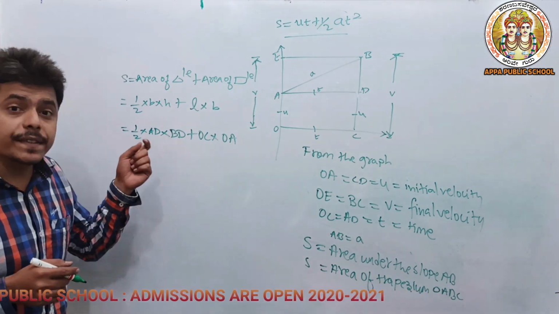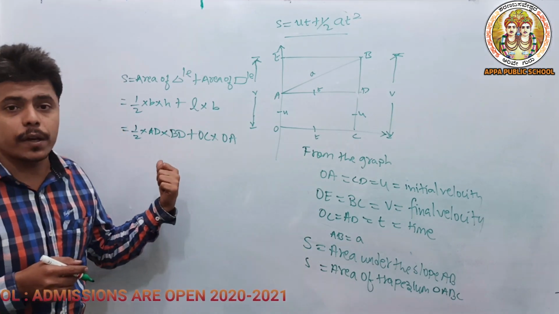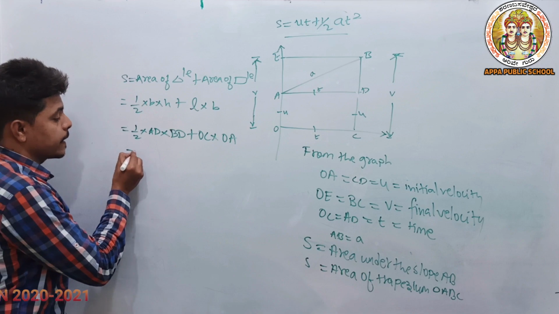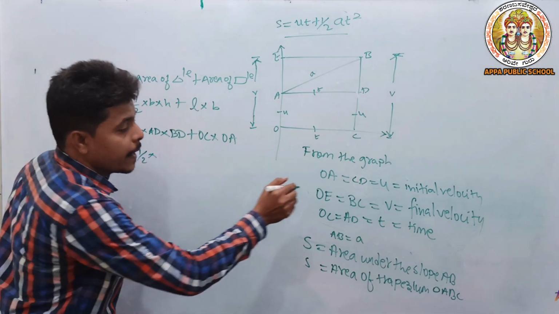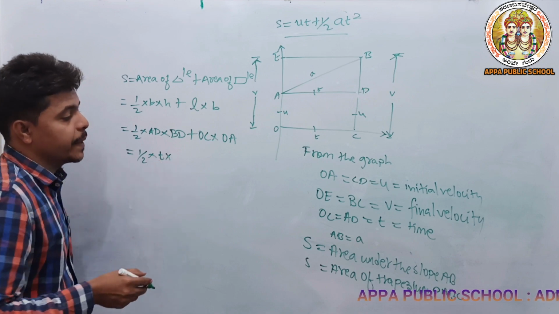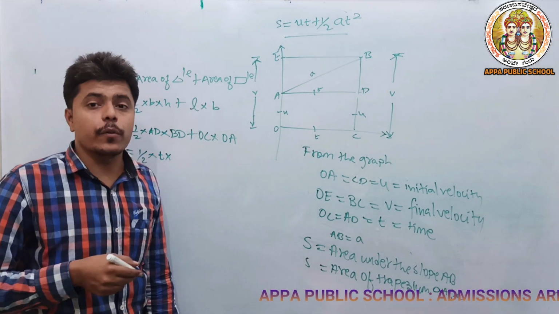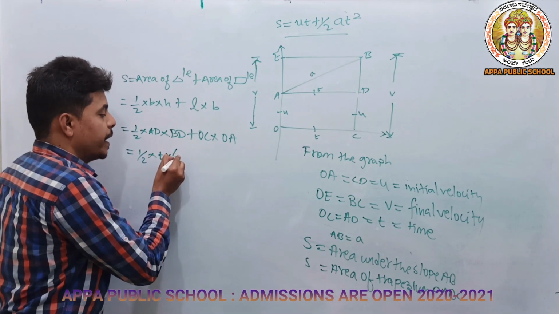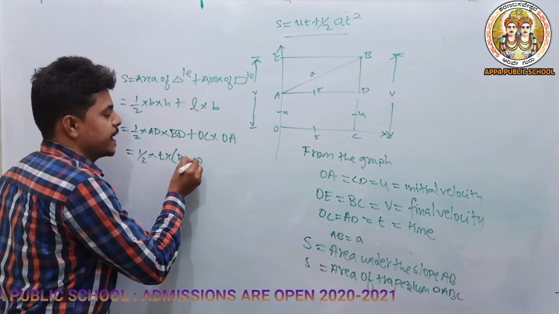Now I am going to substitute these values. AD is nothing but T, so T into BD. In the last equation of motion, we have written BD is nothing but BC minus CD.